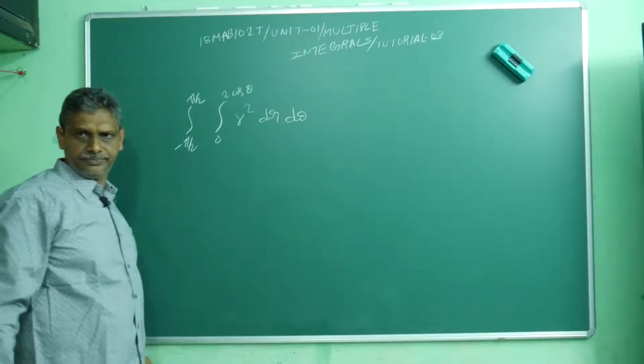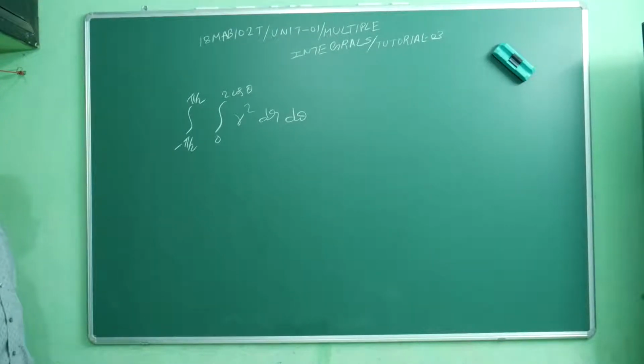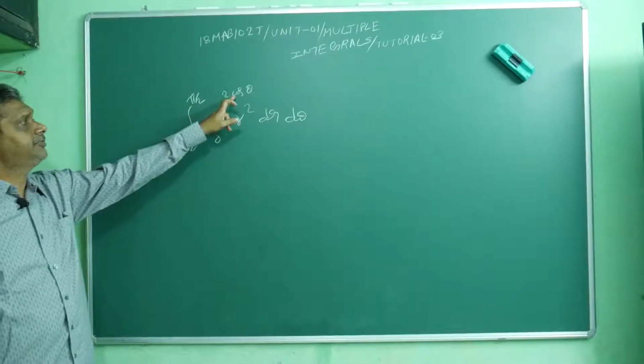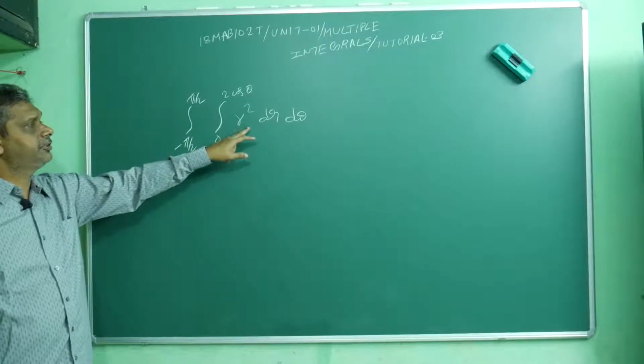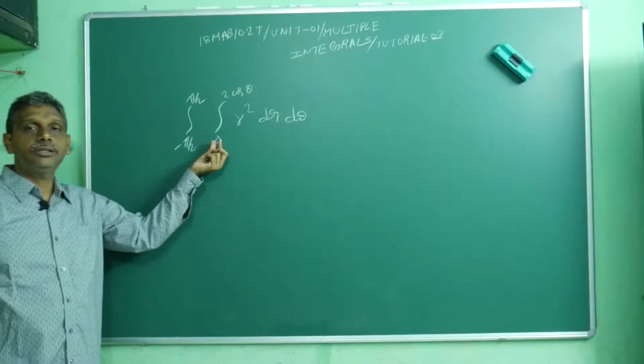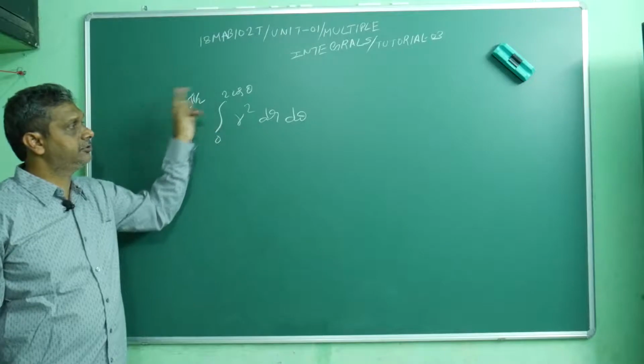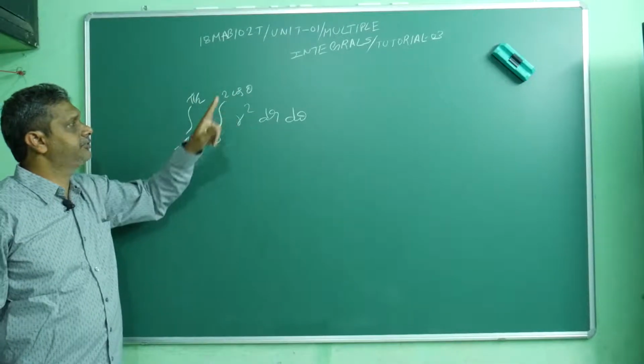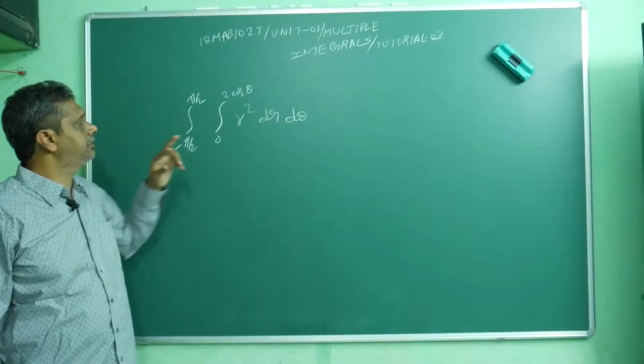Now you see, in terms of theta, with respect to r you can do this. These are the r limits. R is running from 0 to 2 cos theta.